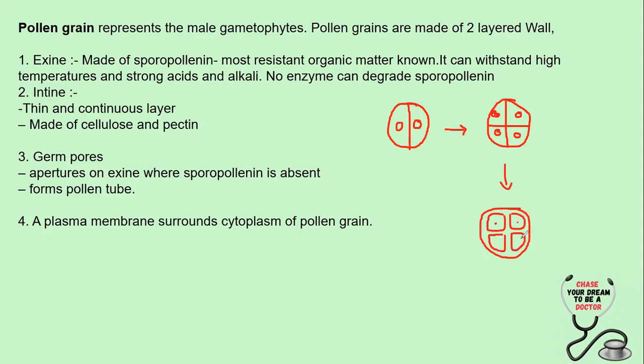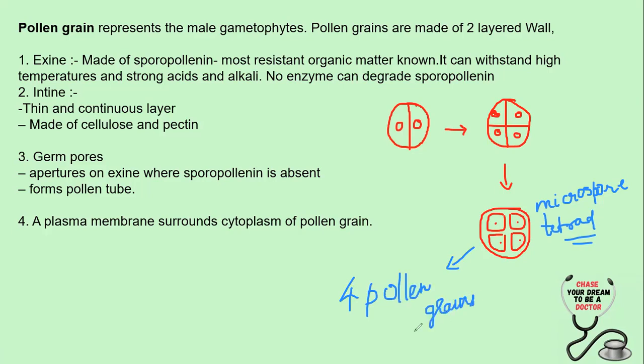This condition you will call the microspore tetrad. That is, four different microspores are present. Microspore tetrad. Clear? And finally this leads to the formation of four pollen grains.